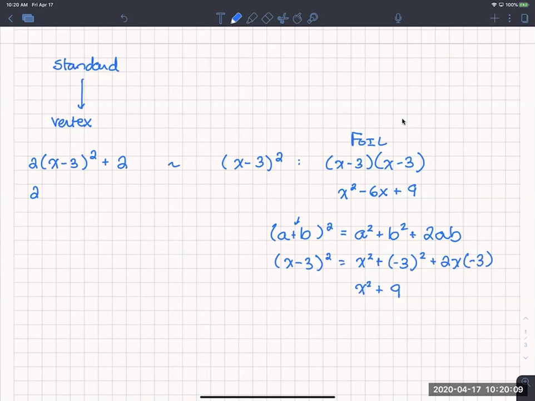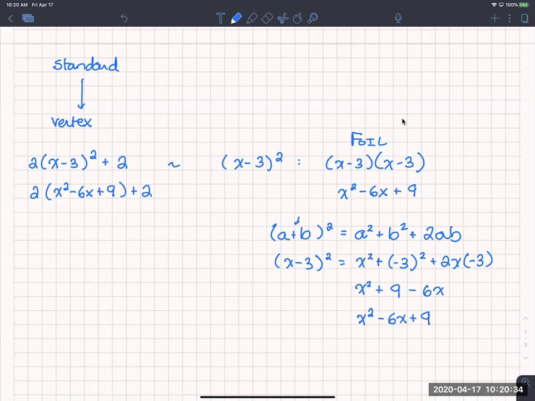And 2 times x times -3 is -6x. And if we wrote this in descending order of power, there we go. So this is how my equation looks so far.